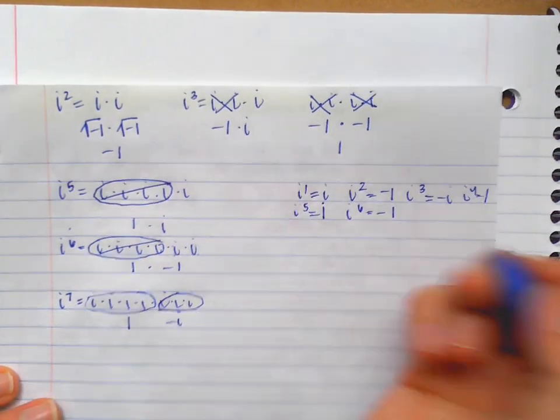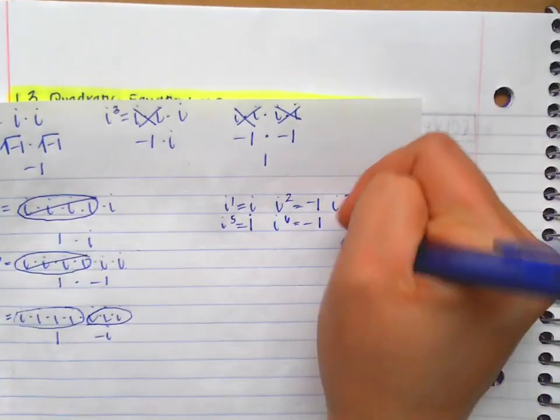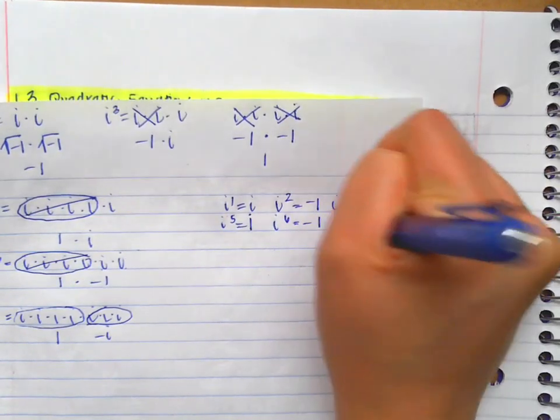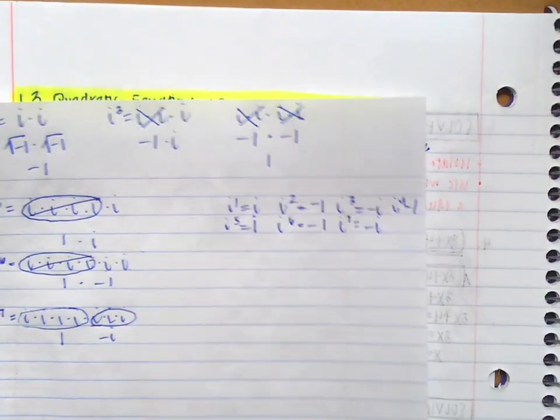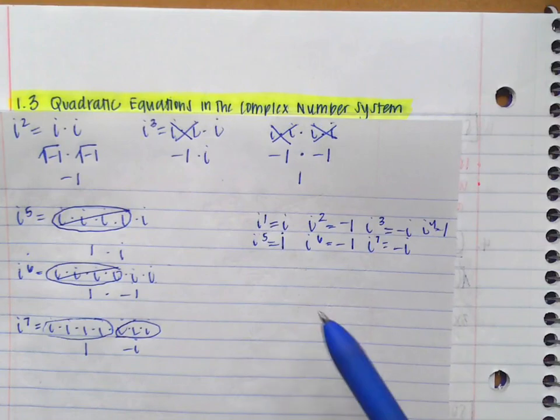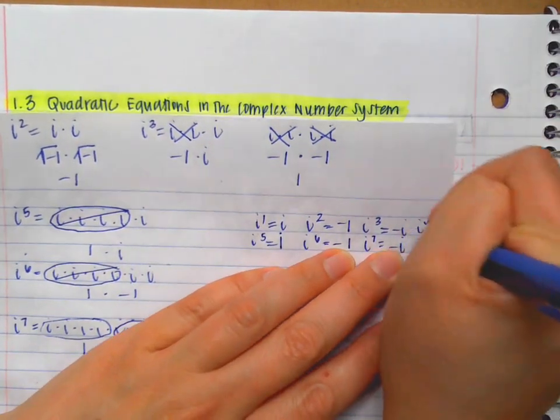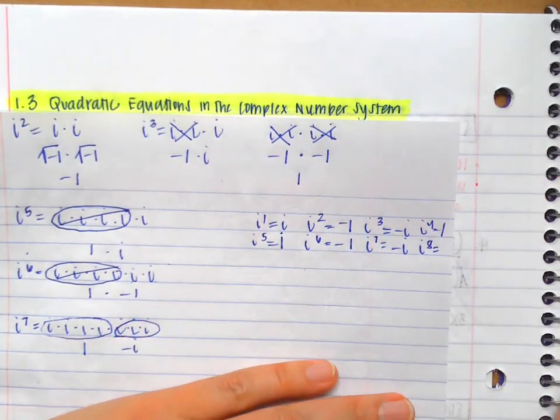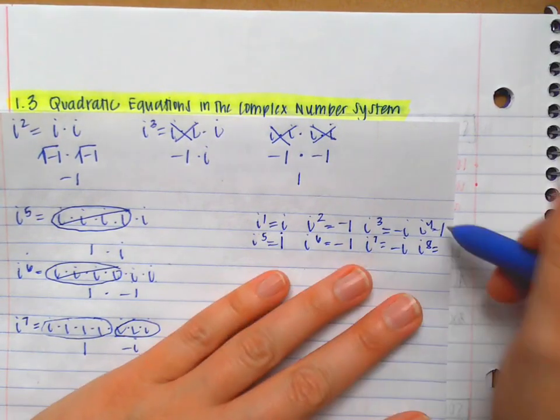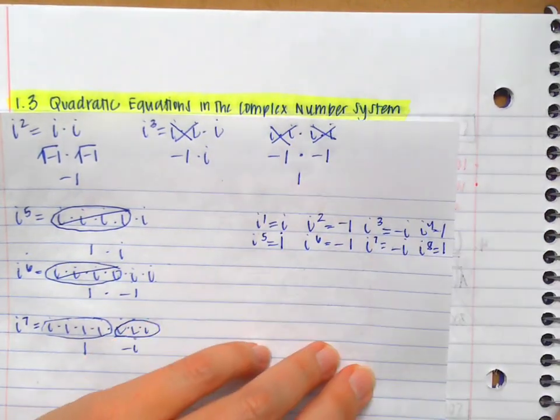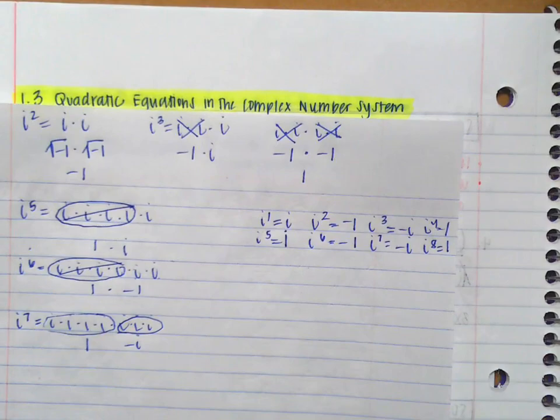So 1 times negative i is negative i. So i to the 7th is negative i. Now, just looking at my pattern here, what do you guys think i to the 8th is going to be equal to? Well, if you're thinking 1, you would be correct, because it's really i to the 4th times i to the 4th, which is 1 times 1, which is still 1.